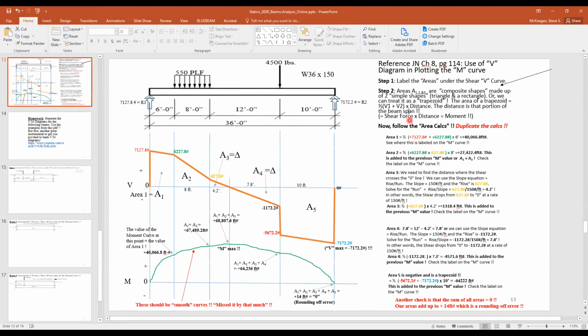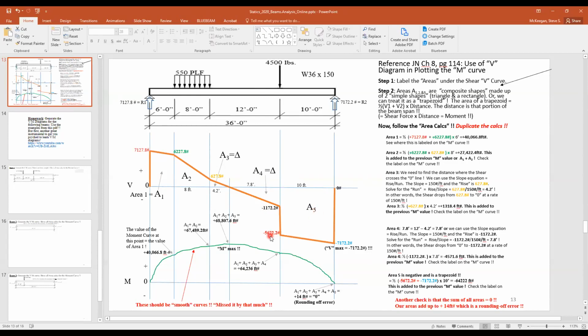So let's go to here. The first thing you're going to do is label the areas under the shear curve. Now, one thing I'm finding, and let's take area 5. Area 5 is a trapezoid. This value right here is only used for area 4.